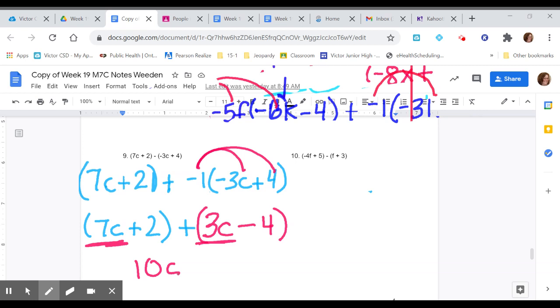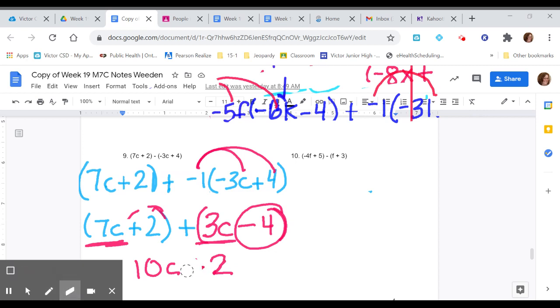And then we combine our plus 2 and our minus 4, which gives us a minus 2. It's supposed to say minus 2. Neaten that up a little bit. There we go.